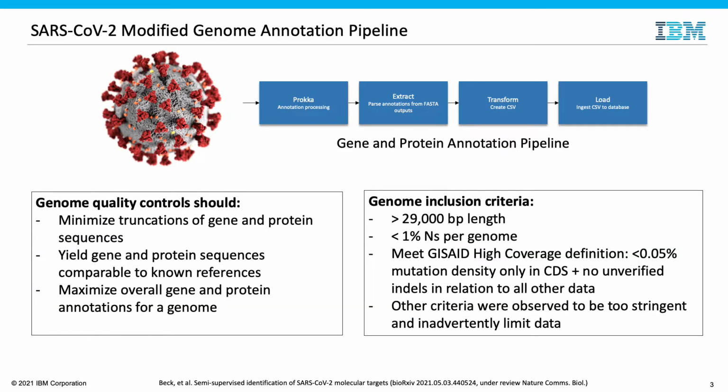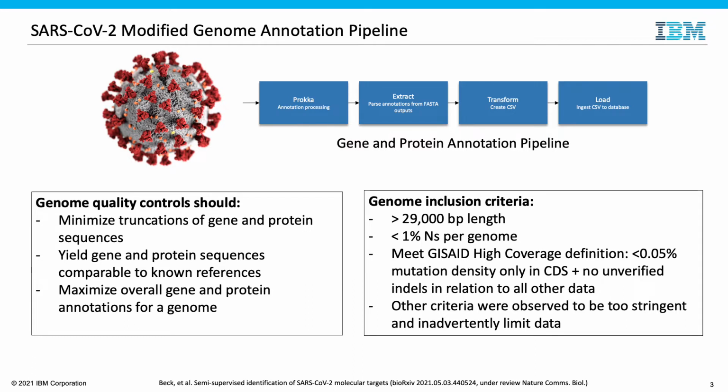So as it relates to genome annotation for SARS-CoV-2, we wanted to have a couple different considerations for what good genome annotation looks like. And for the most part, typically that starts with making sure to identify good data coming into the pipeline. And so one of the things that we did in this work is to actually benchmark what are the quality criteria that we should recommend as it relates to working with SARS-CoV-2 genomes.